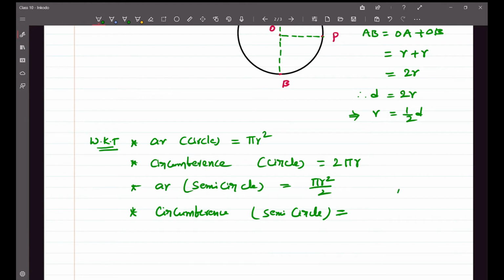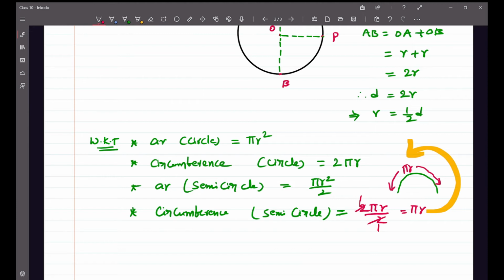That means this much on this much curve, half of the curve. Length of this curve will be pi r. Some of you may get doubt how I got pi r. I am showing you here. 2 pi r by 2, 2 cancel, then we get pi r. That's why I wrote here length of this curve is pi r.